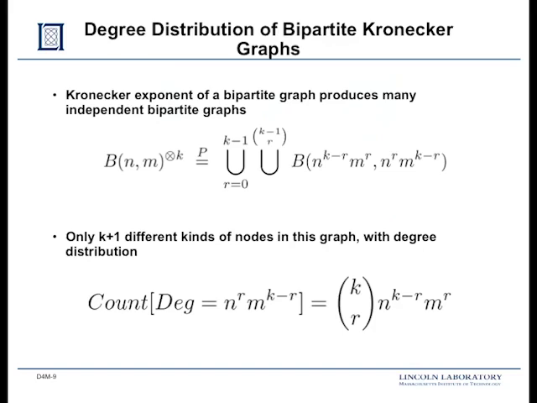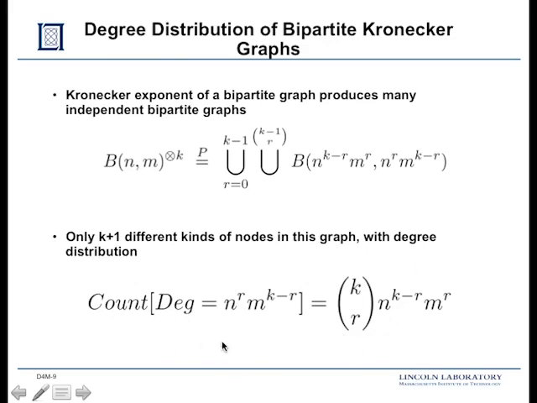And just as an example, I won't belabor the details here, you can compute the degree distribution. There's a long chapter on this in the book. Basically, you can compute analytically the degree distributions of Kronecker products of bipartite graphs. This shows you the formula for doing that, and here is the actual degree distribution with the binomial coefficients.